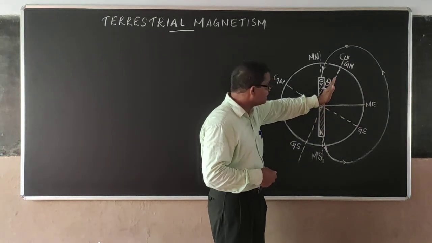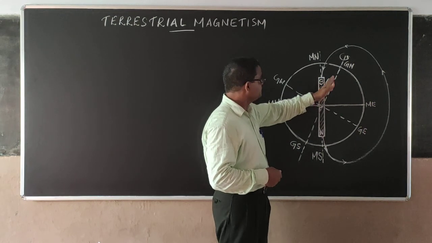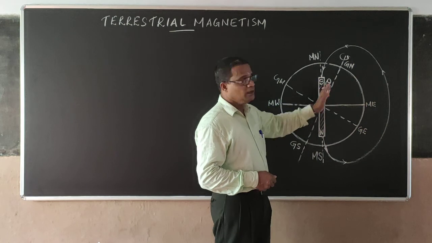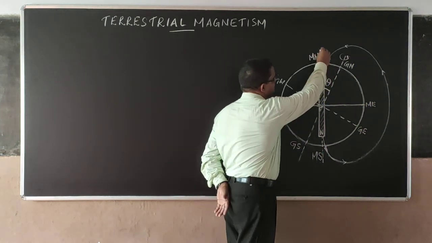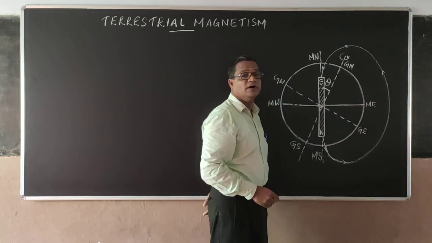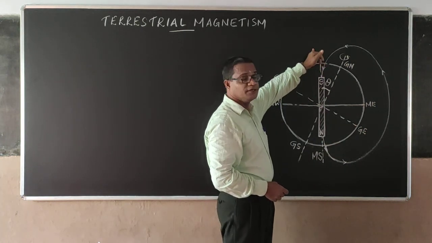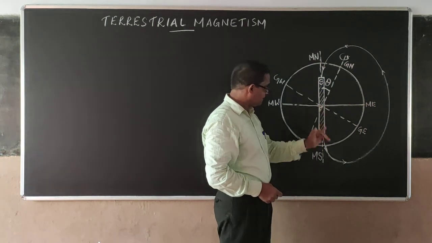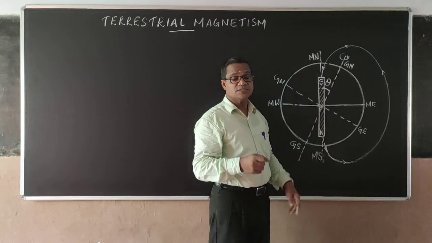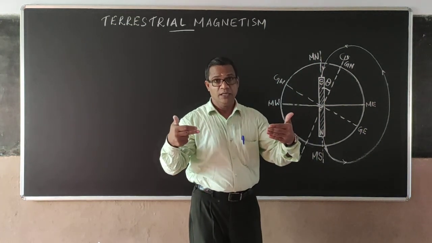It is a little bit tilted from there towards the westward direction. That axis I can consider the magnetic axis of Earth, with the magnetic north here and magnetic south over here.